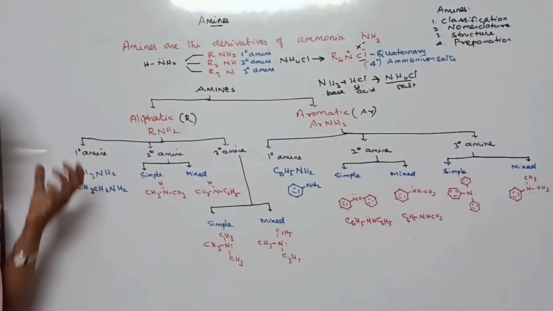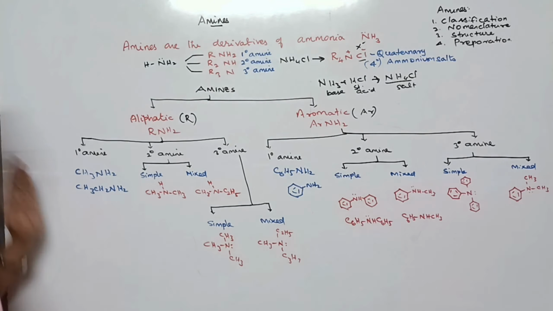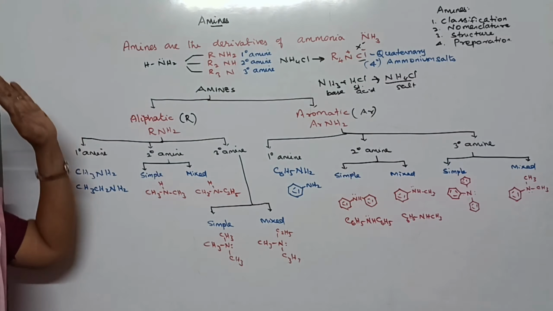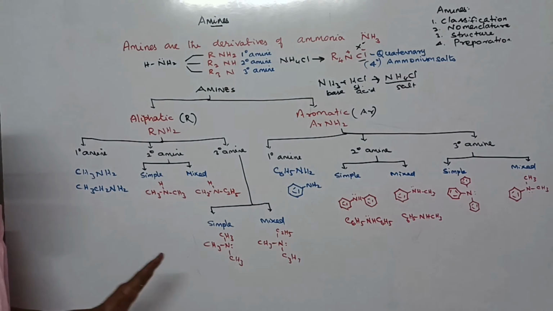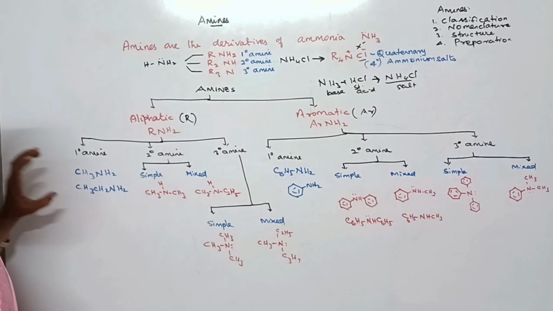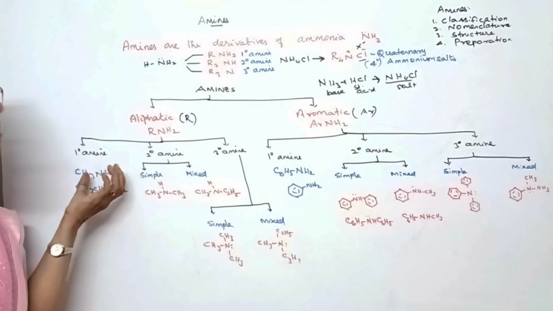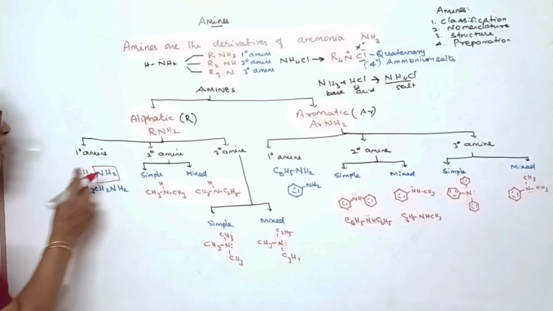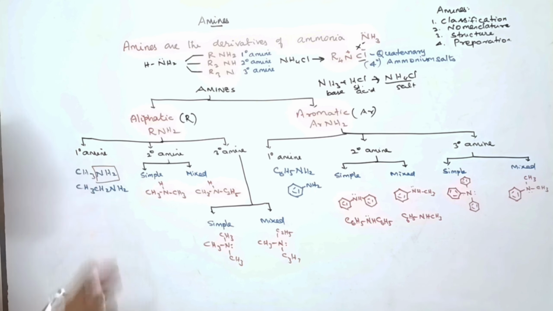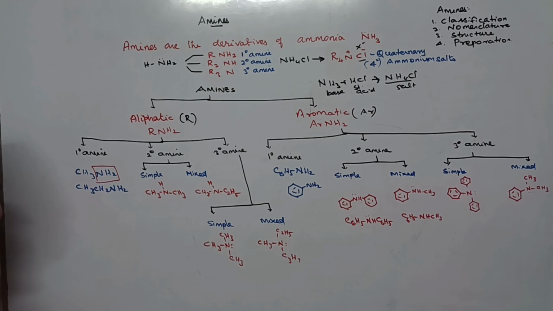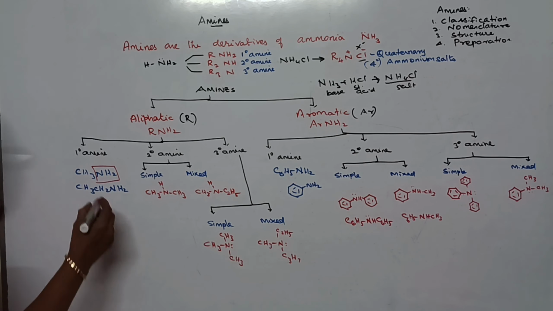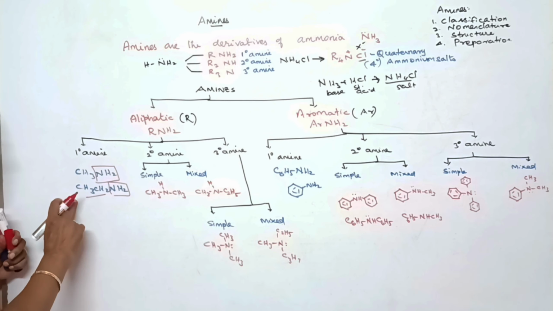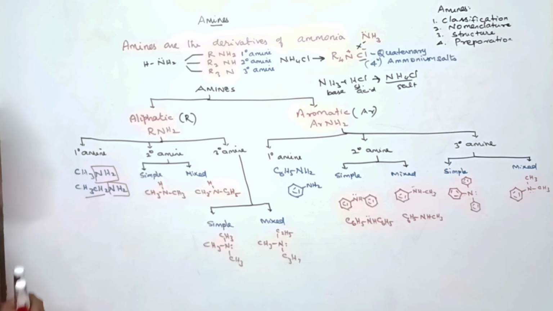So in the primary amine, only one alkyl group is present. Whether it is the functional carbon or the amine, that is not the matter. You have to find how many alkyl groups are attached to the functional group. So to the functional group NH2 I have only one methyl group. So the name is methylamine and it becomes a primary amine. And in the other case it has only one alkyl group, that is ethyl. So it becomes a primary amine.